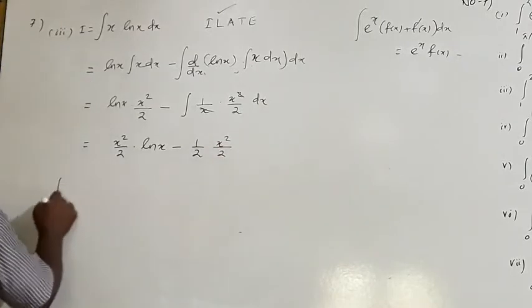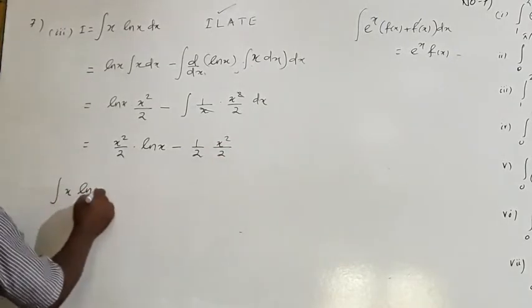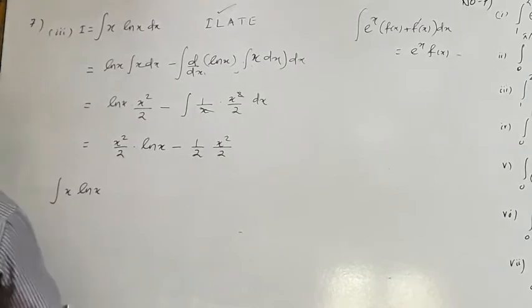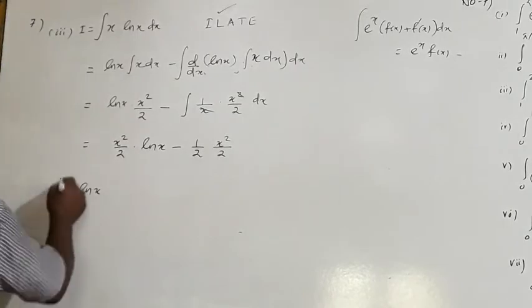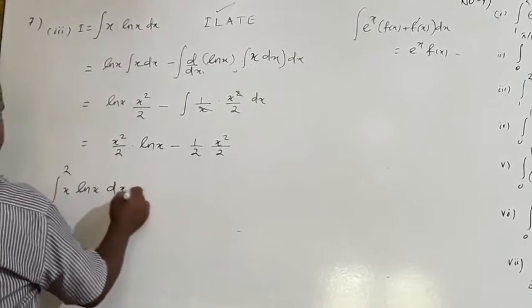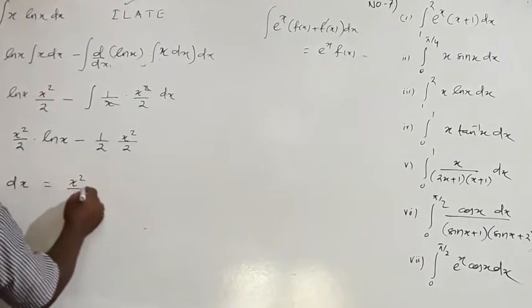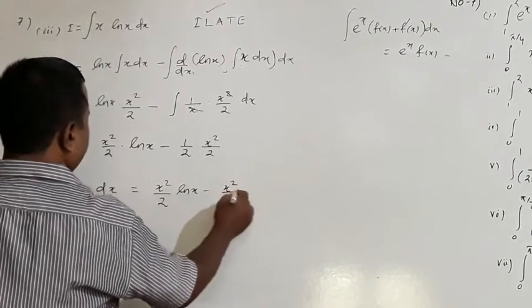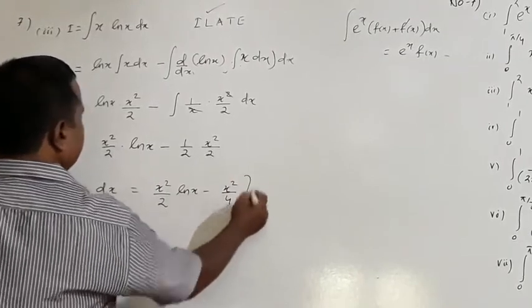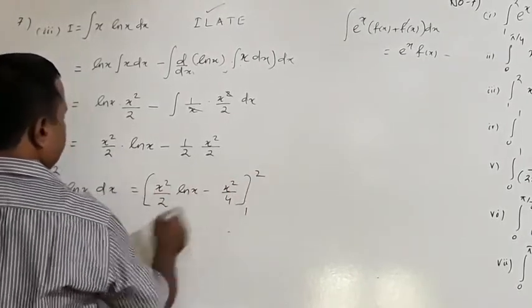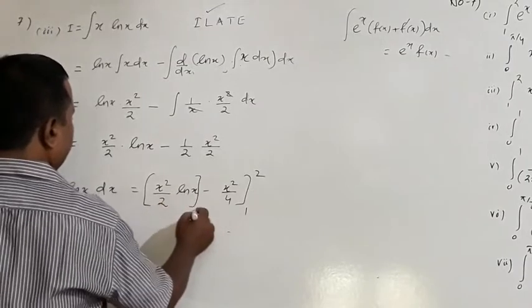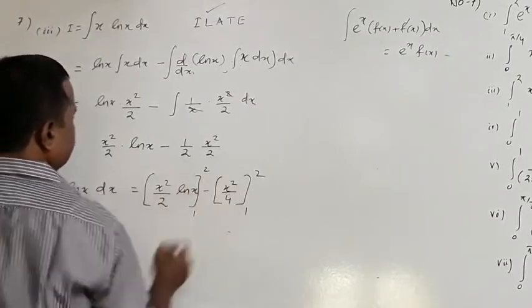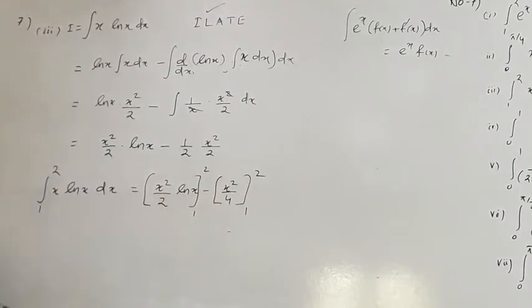Then the integration of x ln x from 1 to 2 dx is equal to x square by 2 ln x minus x square by 4, and you have to put in the upper limit. Okay, then put in the lower limit. You can do it directly. Okay, you should do it yourself.